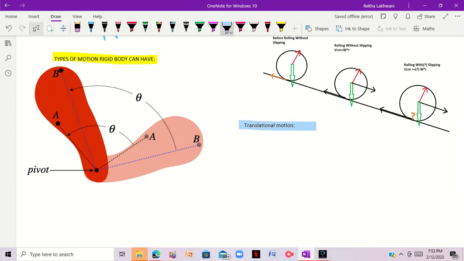Now basically what happens in this motion, in this type of motion, every constituent particle has the same displacement, right?